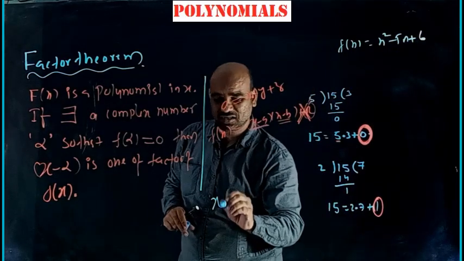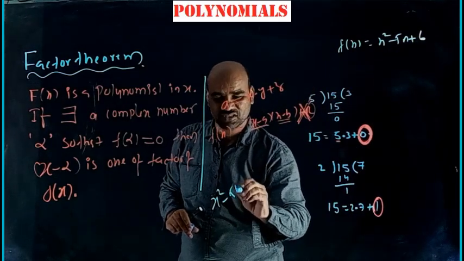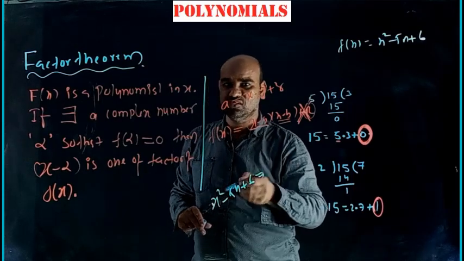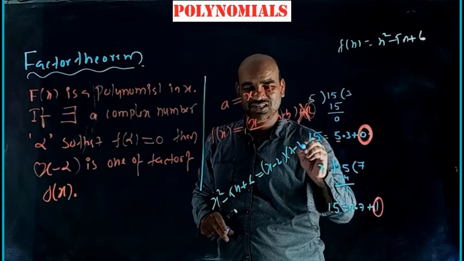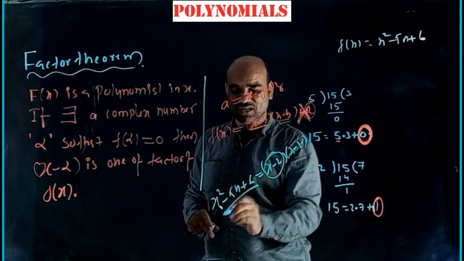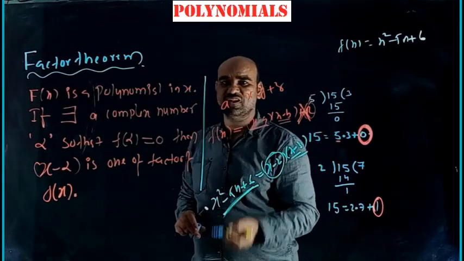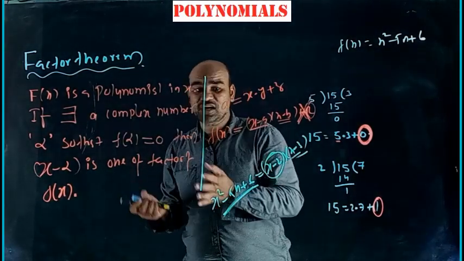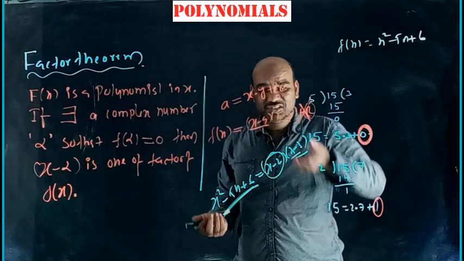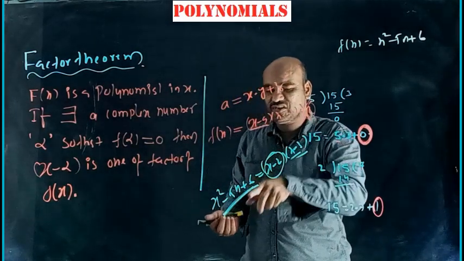Already you know how to factorize x square minus 5x plus 6. Simple second degree polynomial, you know that you can write it as x minus 2 into x minus 3. Means x minus 2 is one of the factors of this and x minus 3 is also another factor of x square minus 5x plus 6. By using factor theorem, we want to conclude that x minus 2 is a factor of x square minus 5x plus 6.